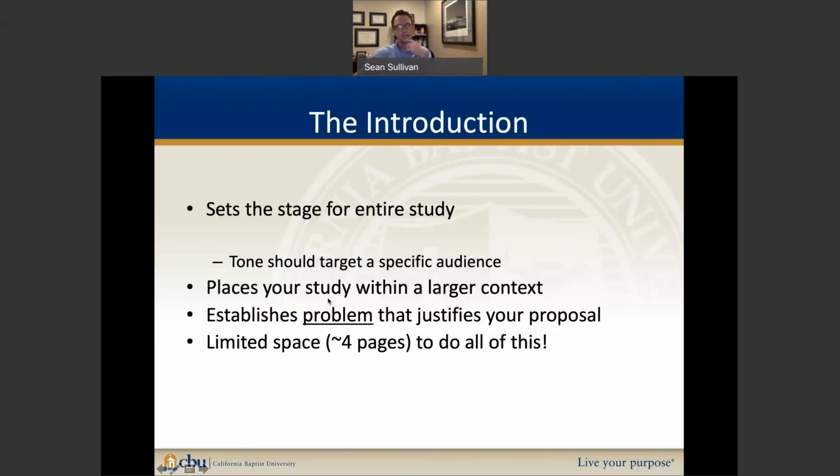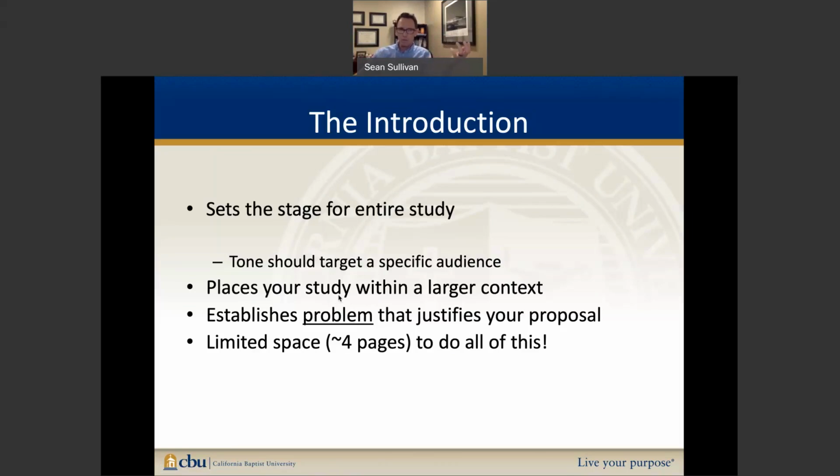And it summarizes very quickly all of the current discussion and the facets of the larger issues related to your topic. And then it quickly, we'll keep saying it, it funnels down into a more specific statement of a problem that needs further investigation. And that problem essentially justifies your need to do research. And we do this all in a couple of pages.